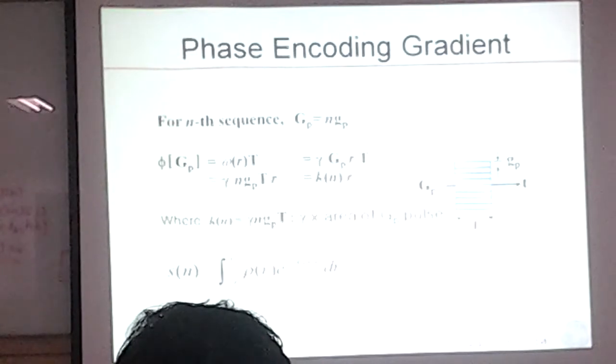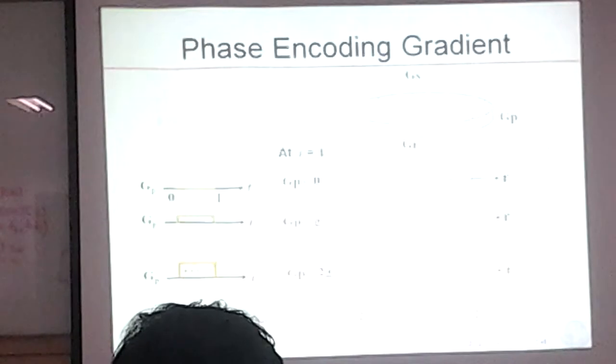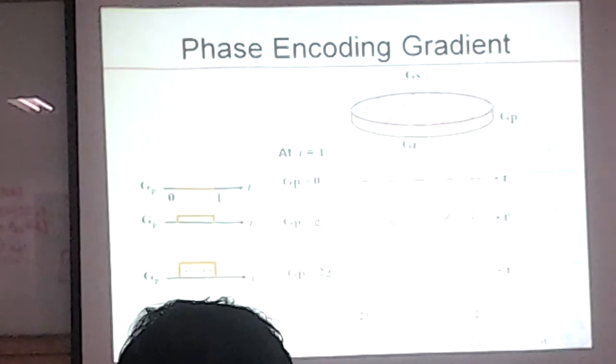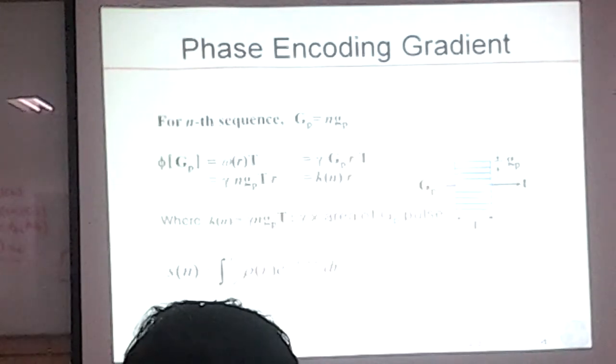So for the phase encoding gradient, the signal phase according to the phase encoding gradient can be written like this. Omega r t is the phase, and omega r can be written as gamma n gp times r. So as I said before, Kn is defined by gamma gp large T. So this is Kn.